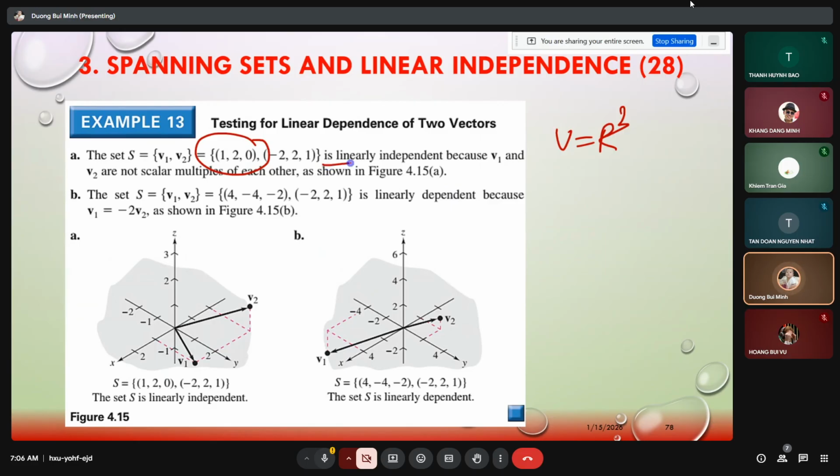So this is linearly dependent because V1 and V2 are scalar multiples, according to the corollaries we discussed before. This one is linearly dependent because V1 is minus 2 V2. They are located on the same line.